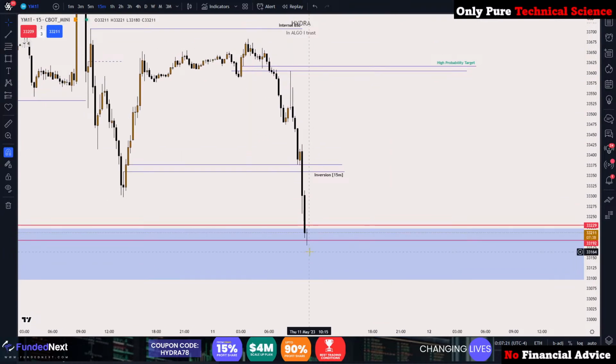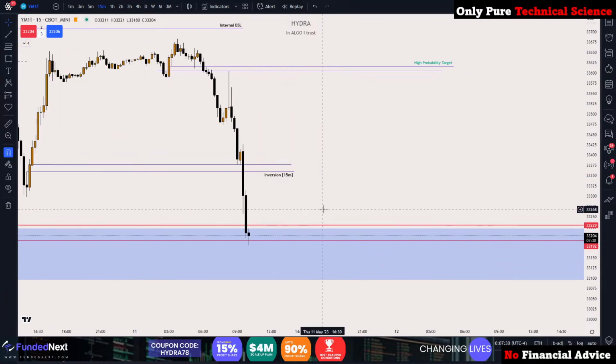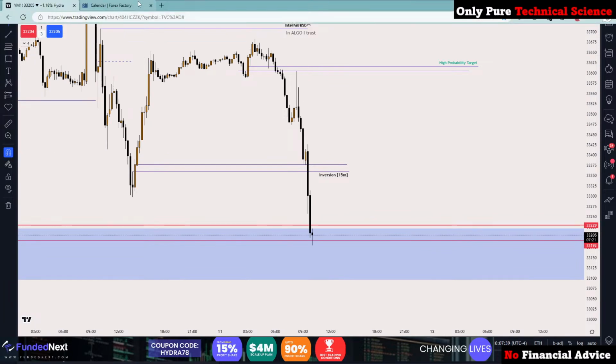And from this swing high to this low, our premium zone will be somewhere here. So it's below the premium, okay? That makes it a high probability target. I'm expecting to see price at least coming up here. It can reject from this order block right here, but a run into this inversion will make sense for me.